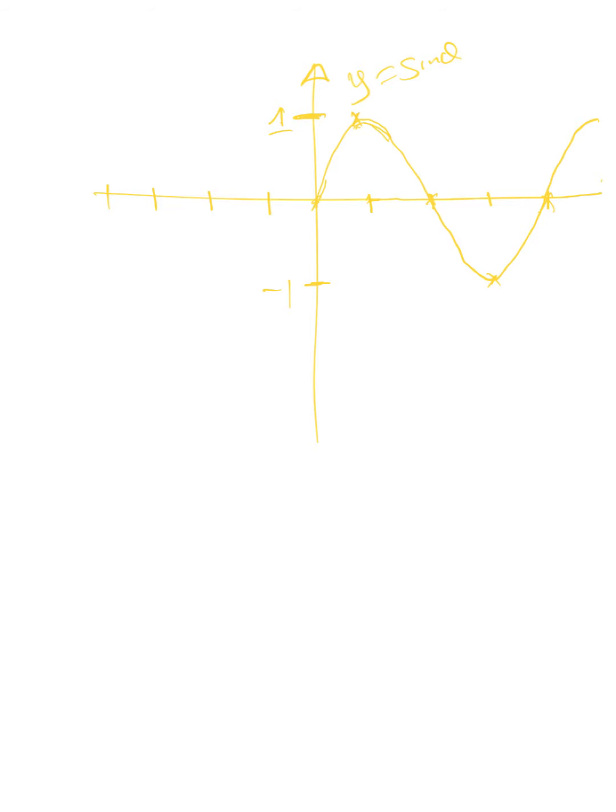If you are to measure in the negative direction, then you have here, then back to 0, then a +1 here, okay, and then back to 0 at this point. So you'll have something like this, and this is y equals sine theta.